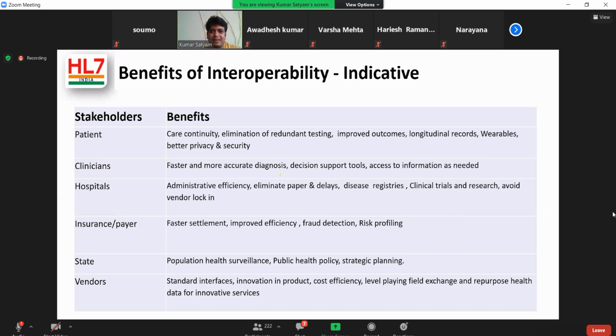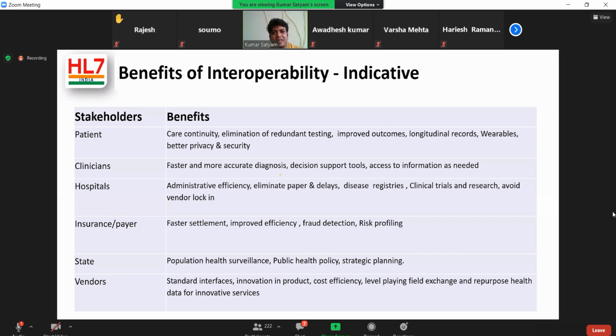If anyone has not understood, please raise your hand once so that I can try to explain it better. So I think most of you have understood. Interoperability is all about the ability of systems to exchange data and use data in fulfilling their purpose of use, right? And standards make interoperability possible. These are the two things that you keep in mind.